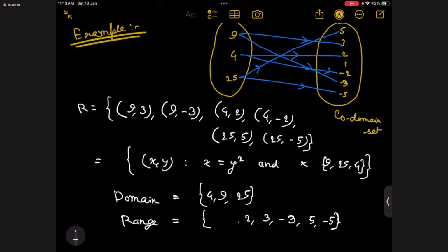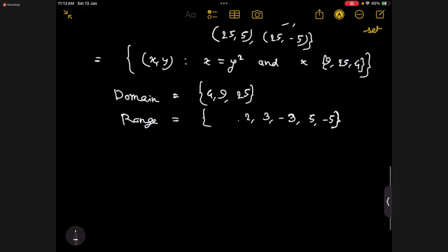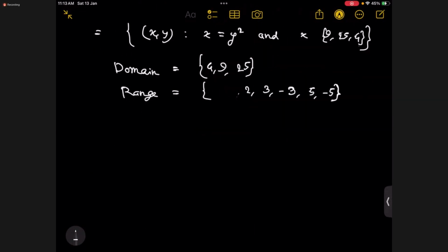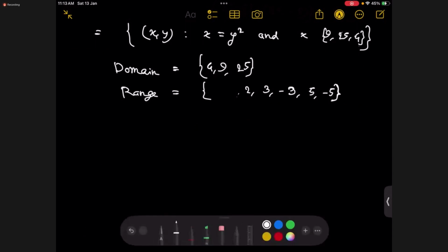Now, one question: in the last class, when we defined the Cartesian product, we could find the number of elements of the Cartesian product, like how many elements the Cartesian product has. Okay, so let me write it first.